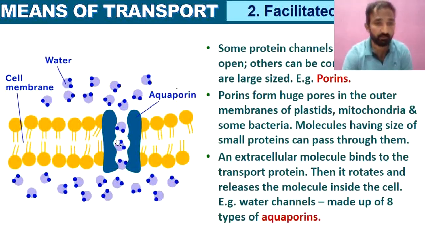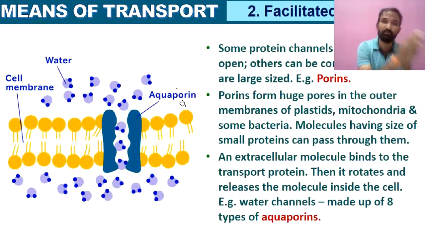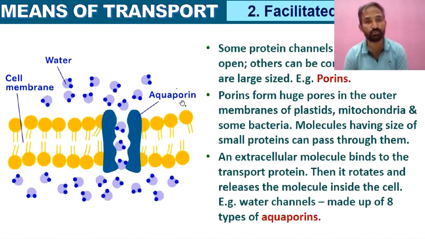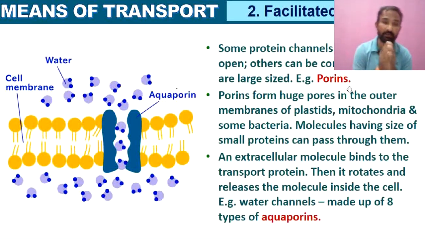Here you see a protein channel. The protein channel used for allowing water molecules inside the cell is called an aquaporin. Some protein channels are always open, others can be controlled, and some are large sized, which are called porins. If the cell requires some material, the protein channel is open.